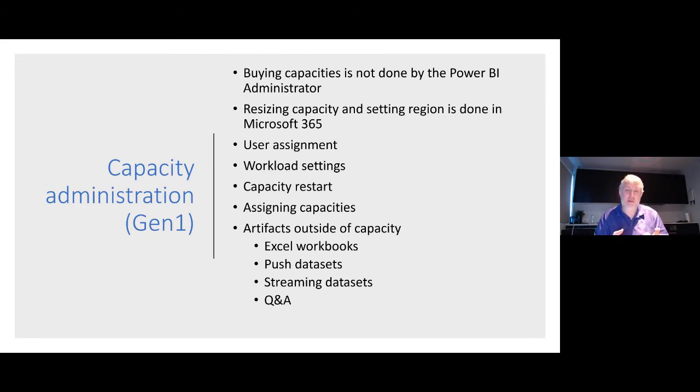They can restart the capacity, and this is of course typical because you have a server. I know this is not really a hardware server you have, but sometimes it needs to be restarted. It depends a lot. The customers I have that have Premium have never had to restart it, but I have heard of instances where you need to restart the capacity, and then you, as a Power BI administrator, can do that.